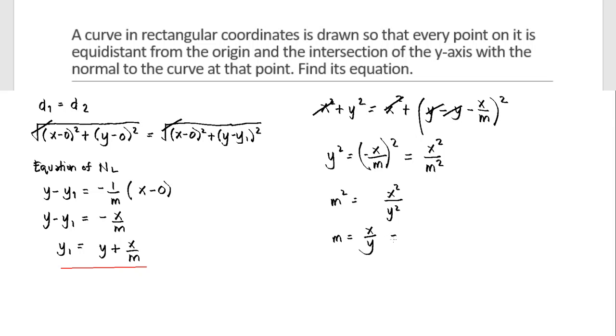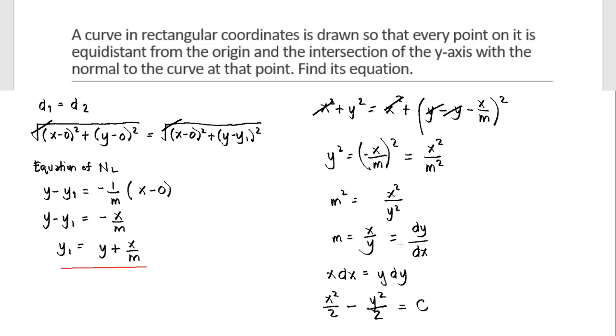And what is m? Again, m is dy over dx. Now, we have a differential equation. We will now have x dx is equal to y dy. We have a variable separable type. So, just integrating both sides, we will now have x squared over 2 minus y squared over 2 equals c.